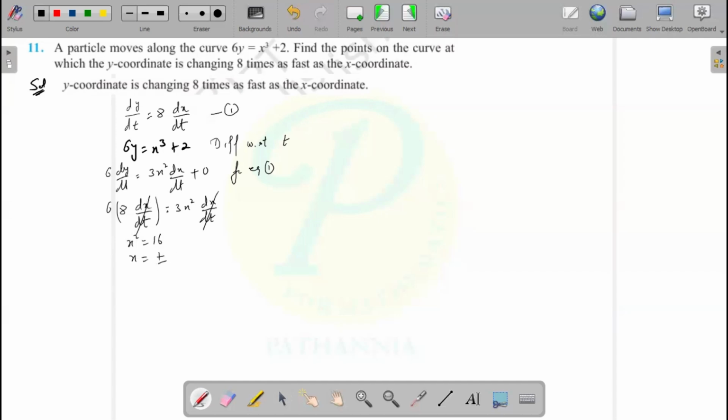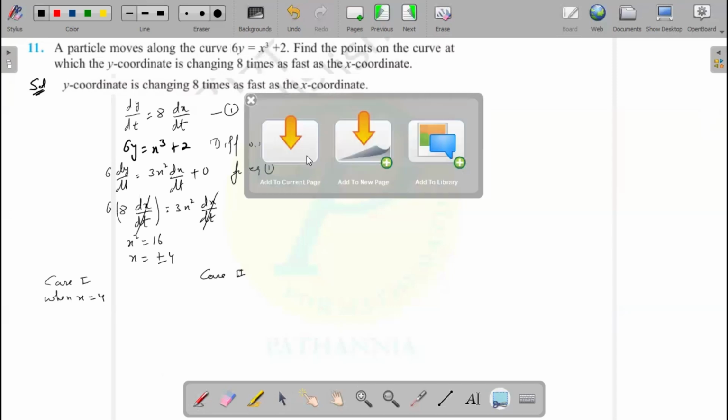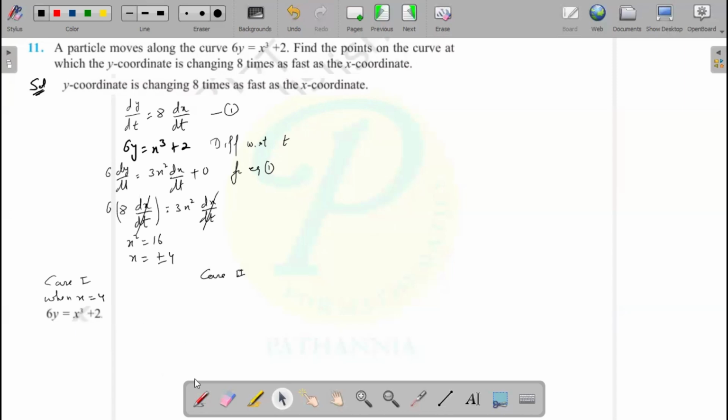x is equal to प्लस माइनस 4. आपने अगर क्वेश्चन को ठीक से रीड किया है तो वहां पे वर्ड आ रहा है पॉइंट. पॉइंट पूछा हुआ उसने. सो नाउ द टू केसेस अराइज. केस फर्स्ट and case second to find out the point when x is equal to 4. Then what is y? And the second case, the point when x is equal to minus 4, to write down the point, then what is y coordinate?